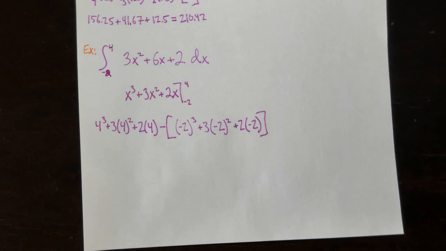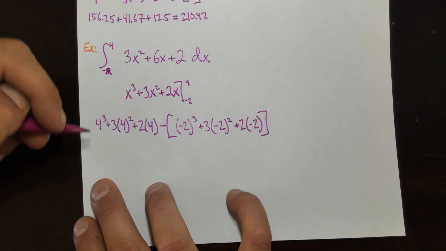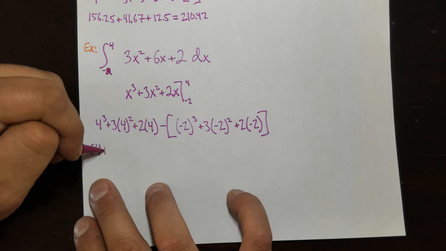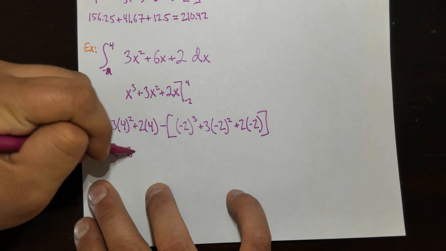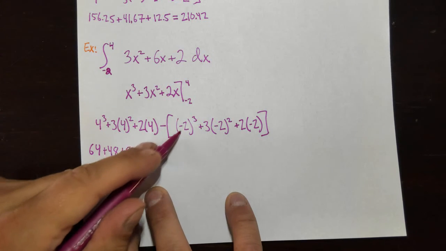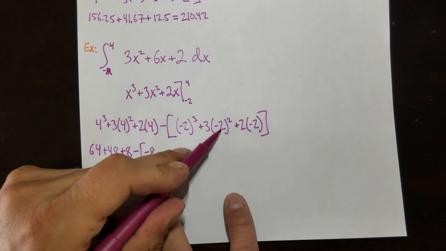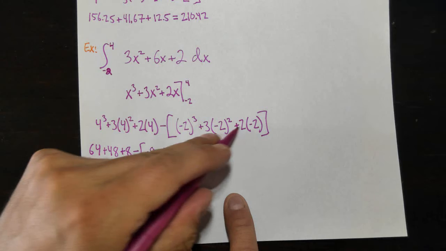Alright, so let's go through this and simplify. 4 cubed, that's 64. 4 squared is 16 times 3 is 48. Plus 8. Minus negative 2 cubed is negative 8. Negative 2 squared is 4 times 3 is plus 12. And then this would be minus 4.